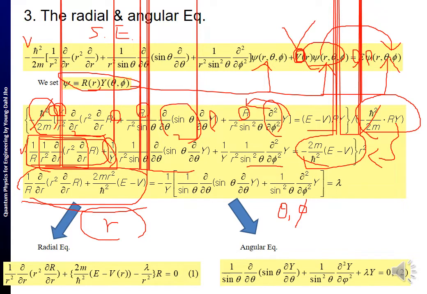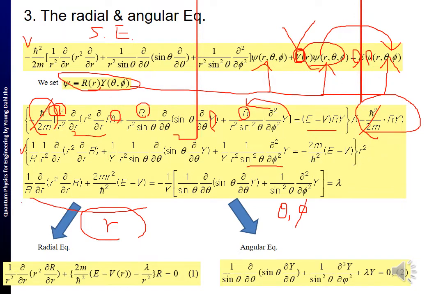If we multiply both sides by r squared to make it simple, then the r squared terms disappear. Then it becomes simple.